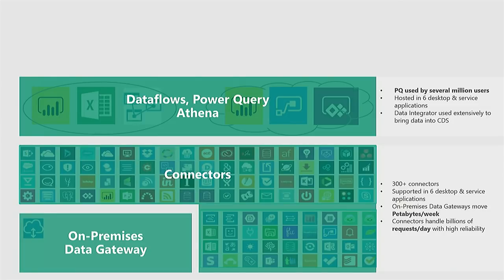Okay, that's great. So continuing on with our story, on top of the connector ecosystem is a technology that we call Power Query. Power Query leverages the connectivity and then allows you to do data transformations. What I mean by that is that data is almost never in the shape that you care about. You need to join across multiple different data sources.